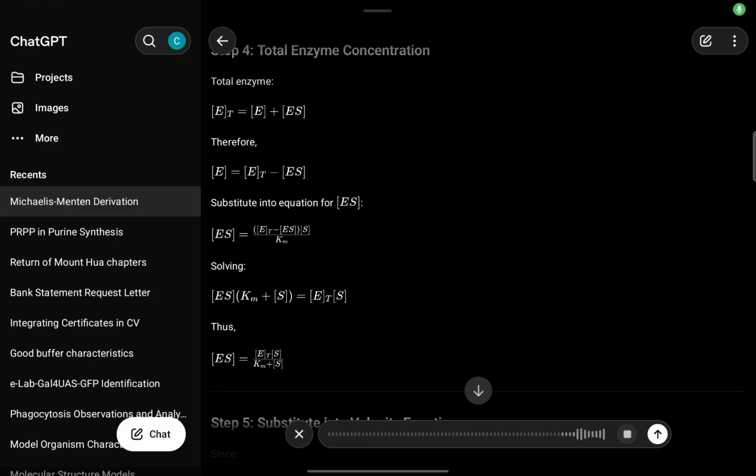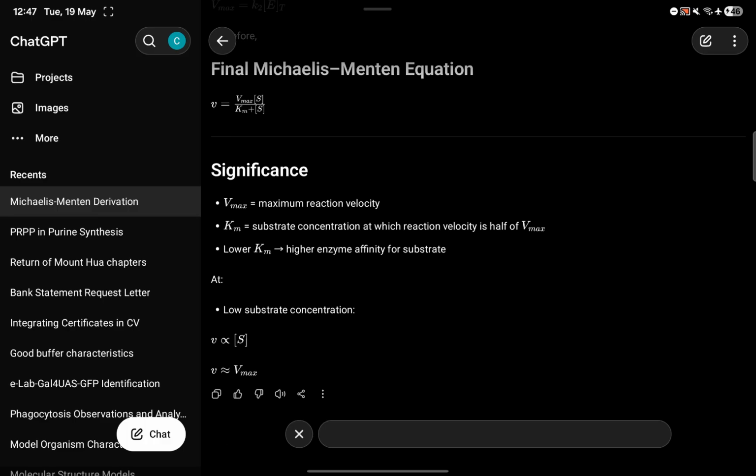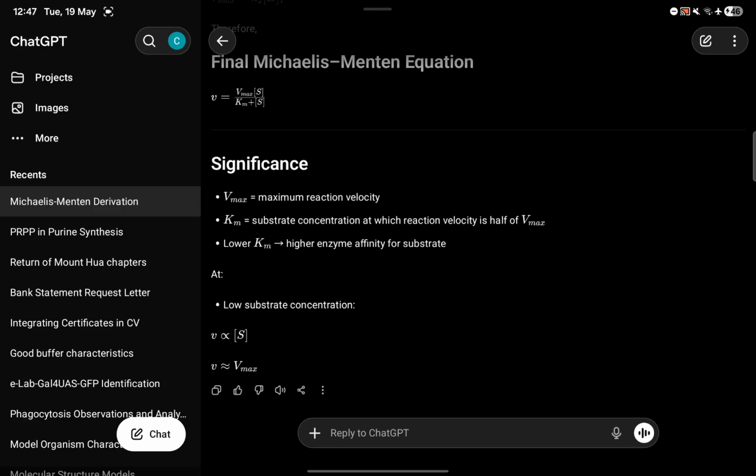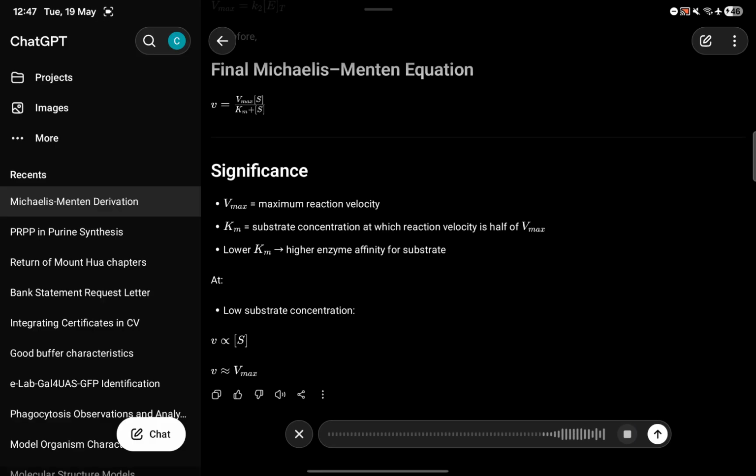Can you show me step 4 stepwise? Can you give me step 4? Like, explain me the step 4. ChatGPT. It's not working. Why is not anything working today, huh?